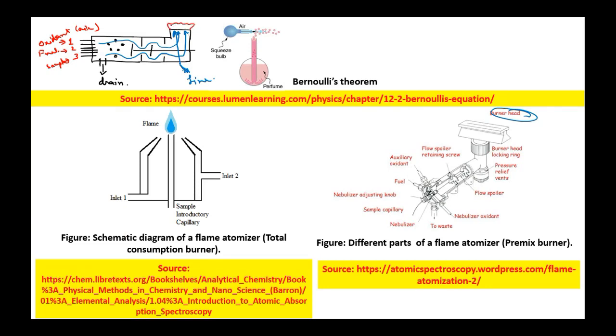So at this burner head we will be having only the droplets which are fine. Fine means they are smaller in shape. So herein we get a very stable flame.